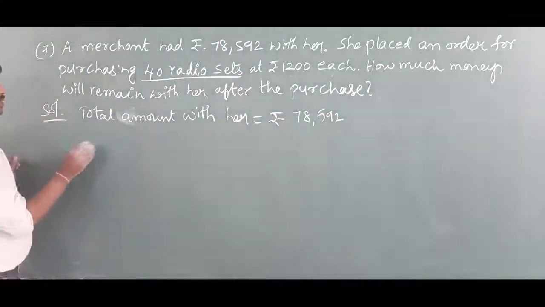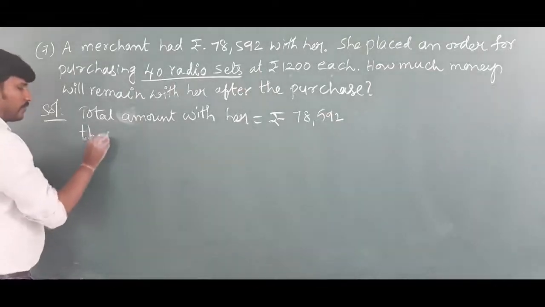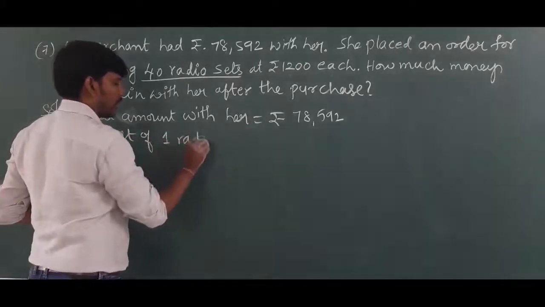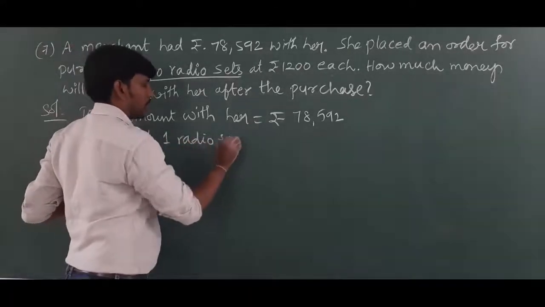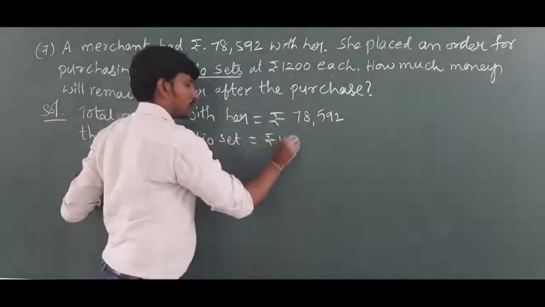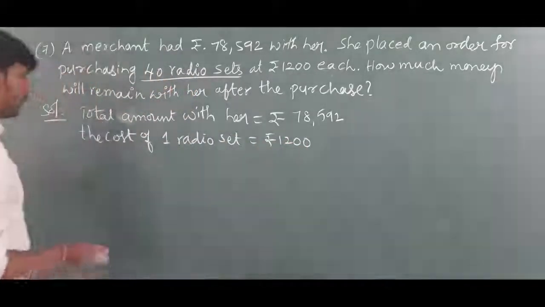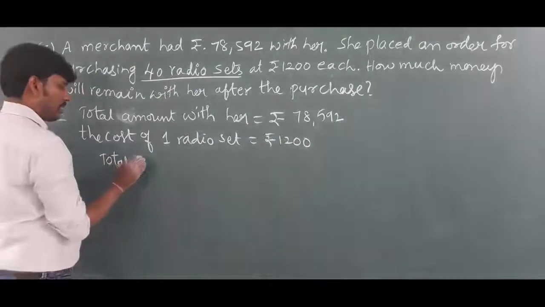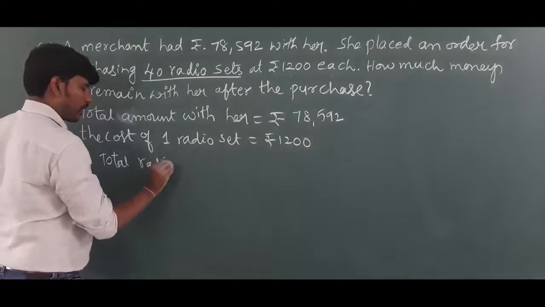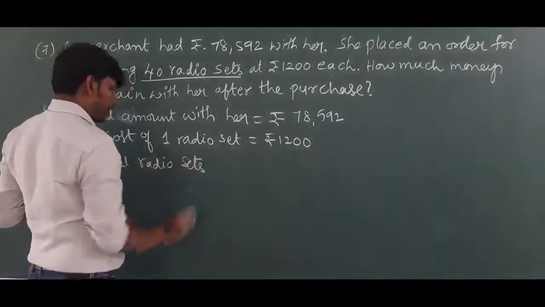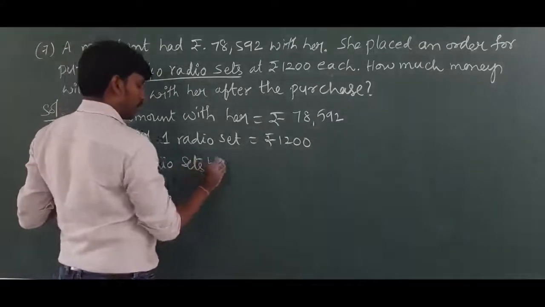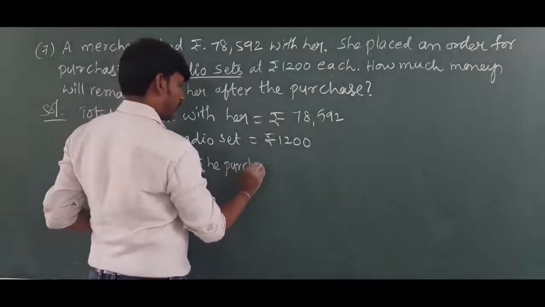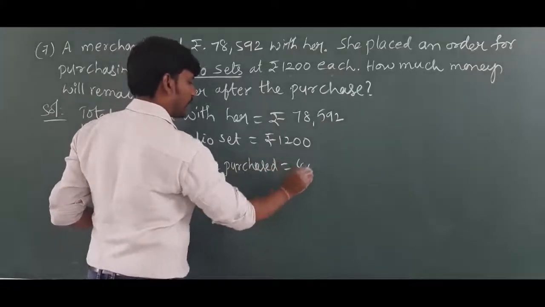Right. So now the cost of one radio set is equal to rupees 1200. Total radio sets she ordered or purchased is equal to 40.